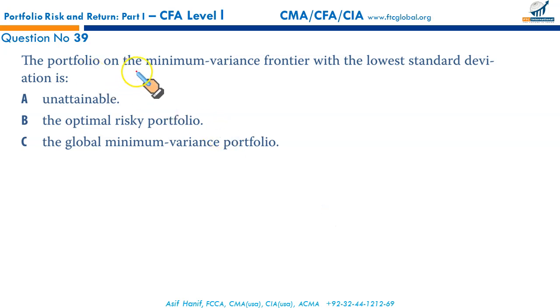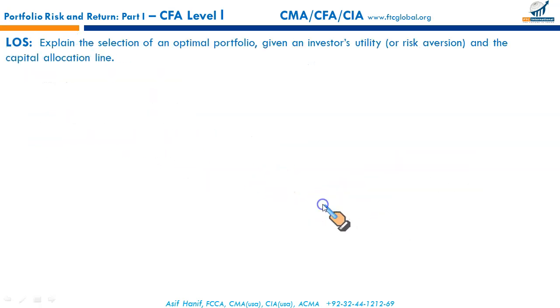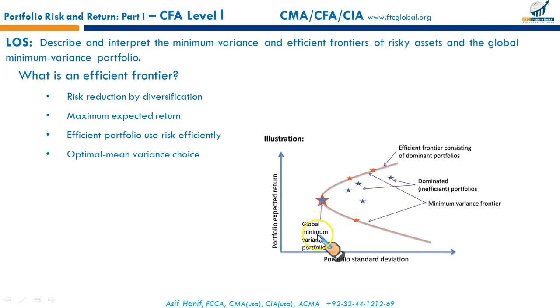Then, the portfolio on the minimum variance frontier with the lowest standard deviation is unattainable, the optimal risky portfolio, the global minimum variance portfolio. Let me show you from where we can do this question. This is it. Global minimum variance portfolio. As you can see, it's at the lowest standard deviation.